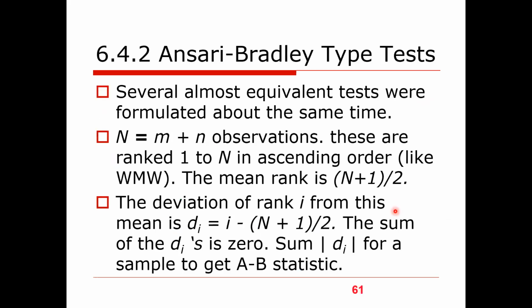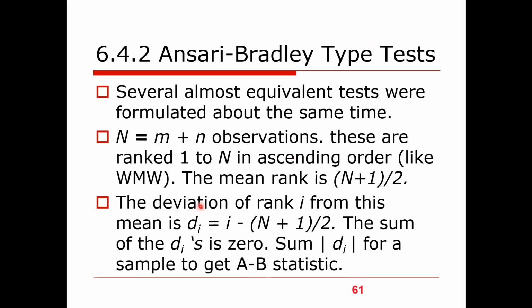All right, next we introduce another test for variance. It's an Ansari-Bradley type test, or AB test for short. A new test statistic named AB test is developed for this test. We rank all observations from two samples in ascending order.